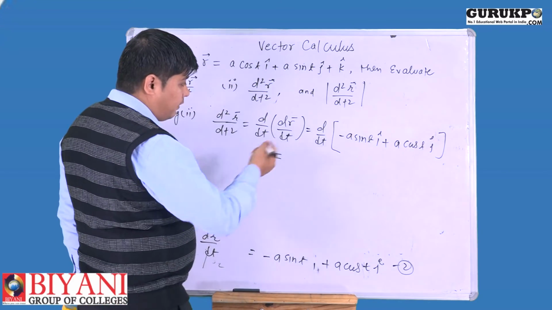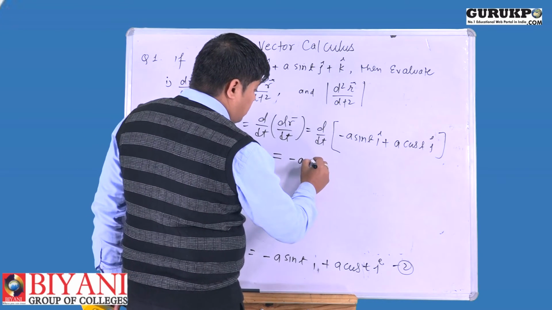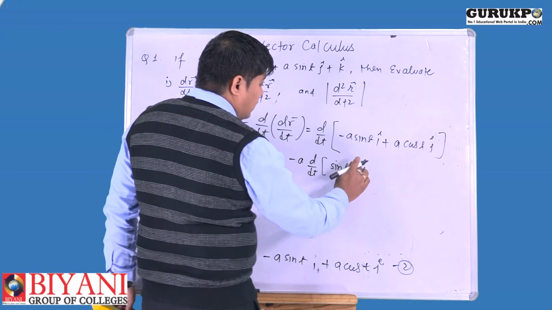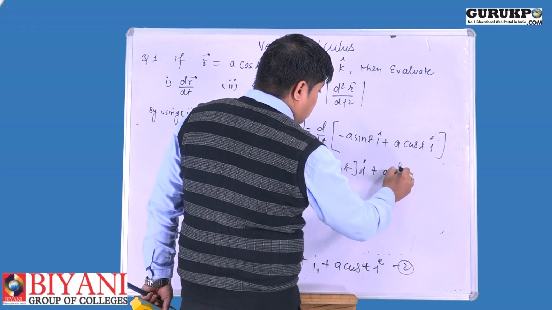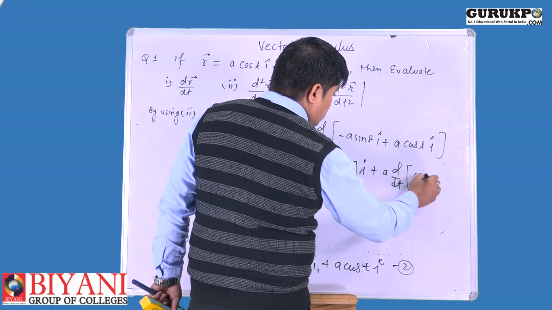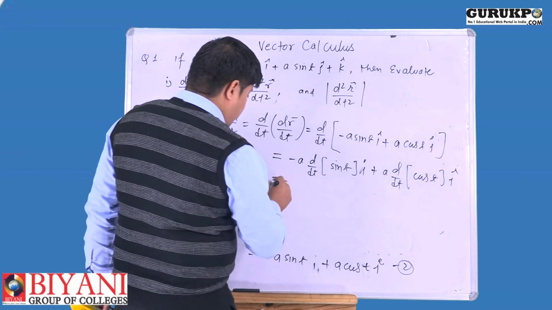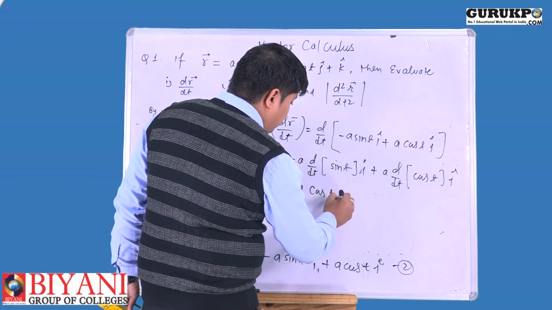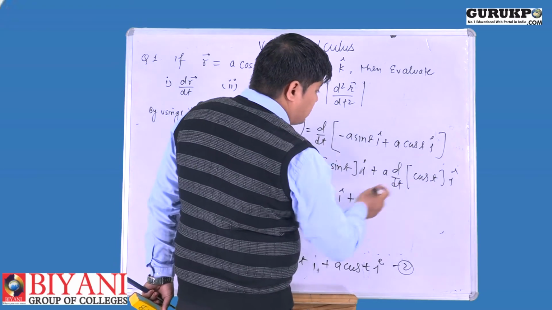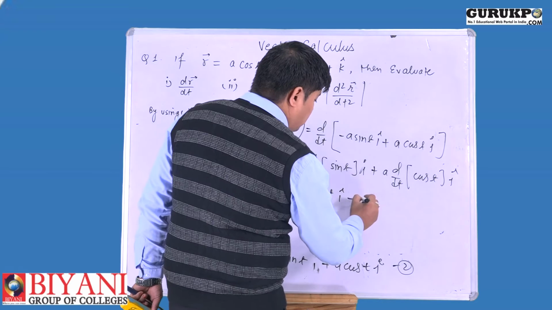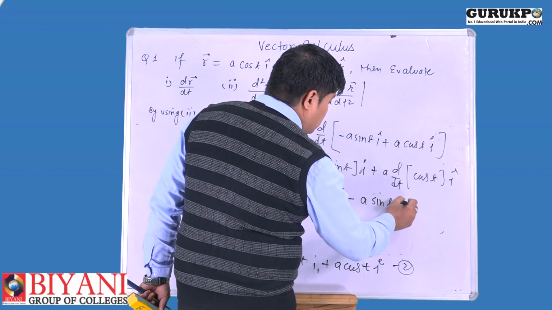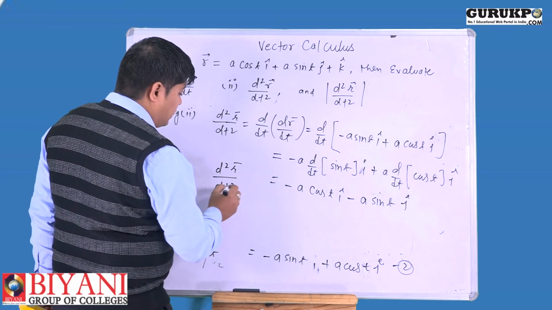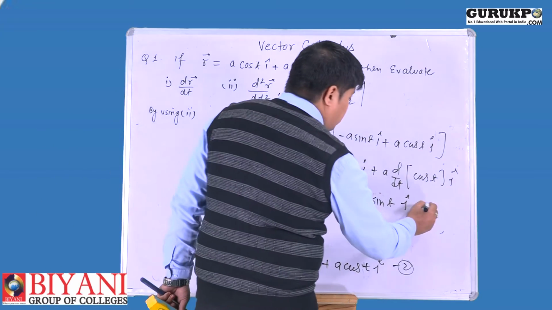Similar to the previous way, we get minus a d by dt of sin t i cap plus a d by dt of cos t j cap, which is minus a cos t i cap plus a times minus sin t j cap. So the second derivative d2r by dt square is given by relation 3.